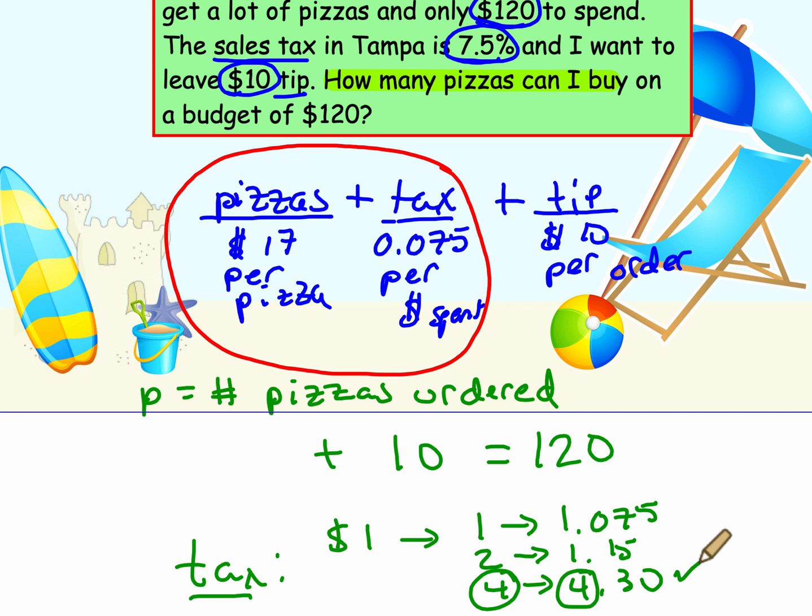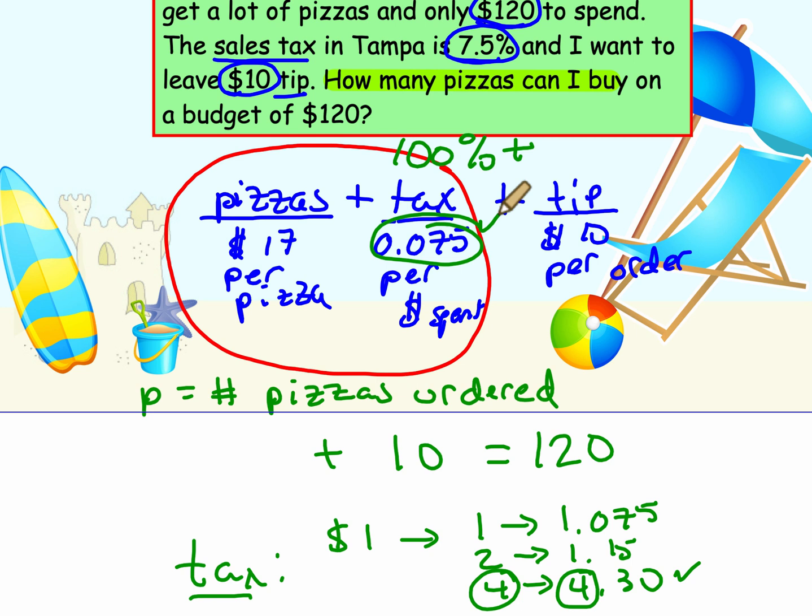So it's the money that I spent plus the tax. Basically it's 100% plus the tax rate. I know it seems like we're getting double dipped, but we're not. When we're actually putting it in the equation, that's how we can figure it out a little bit easier.